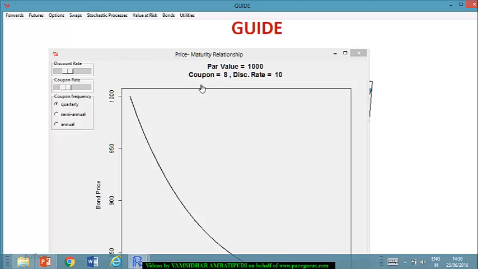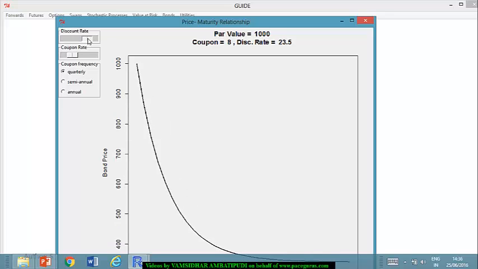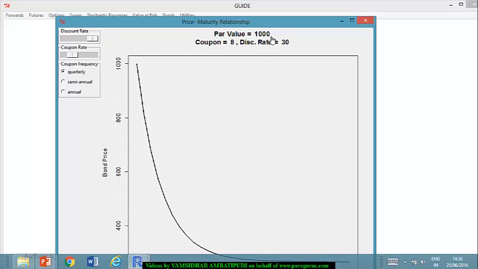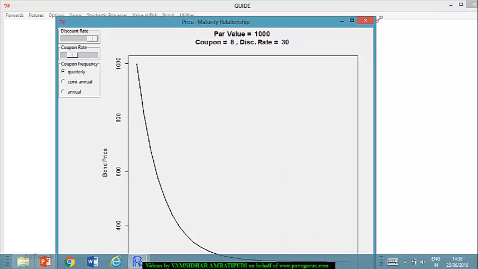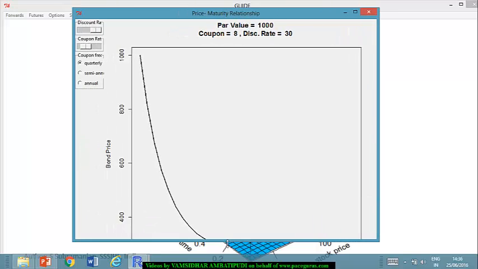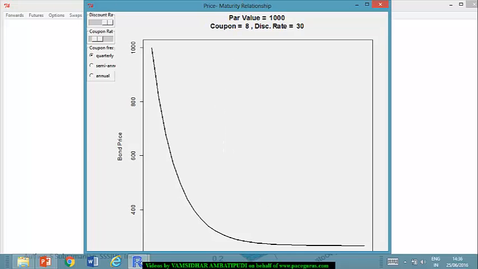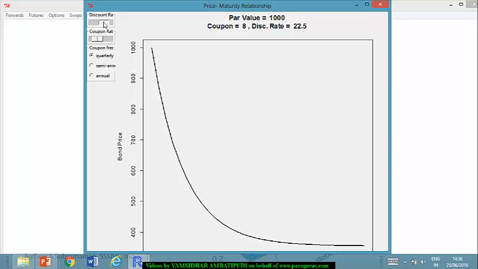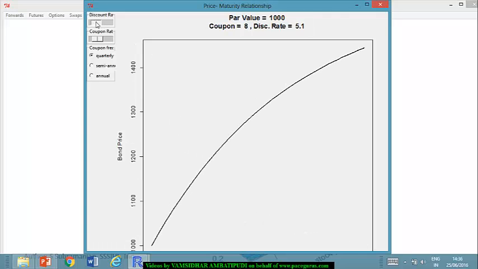Similarly, look at the discount rate. As it keeps increasing, we are seeing that the graph is becoming more and more steeper, more and more curve is increasing, the curvature is increasing.